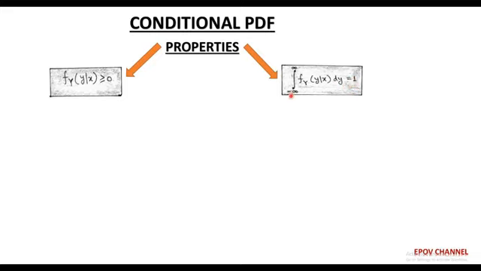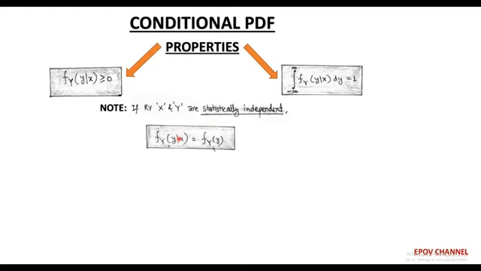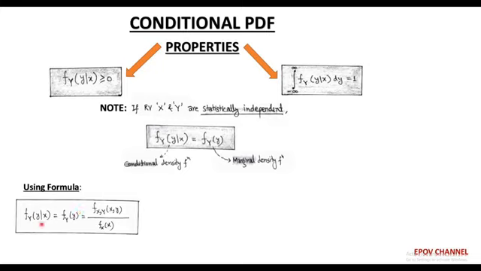Now we note a point. If random variable x and y are statistical independent, that is not depend on each other, then the conditional PDF of random variable y is equal to the marginal density function of random variable y, which means f function y as x given is simply equal to f function y, and this can be understood using the formula, that is f function y for x given equals to ratio of joint PDF upon marginal density function of x.